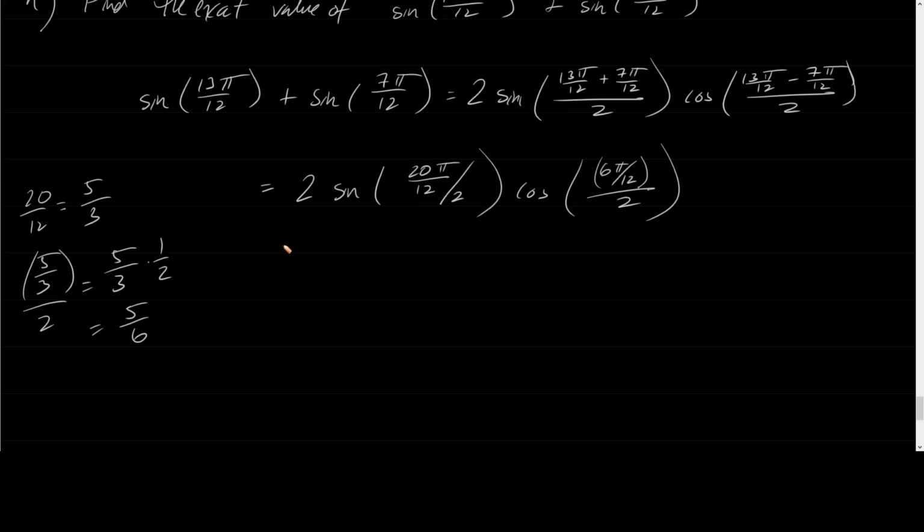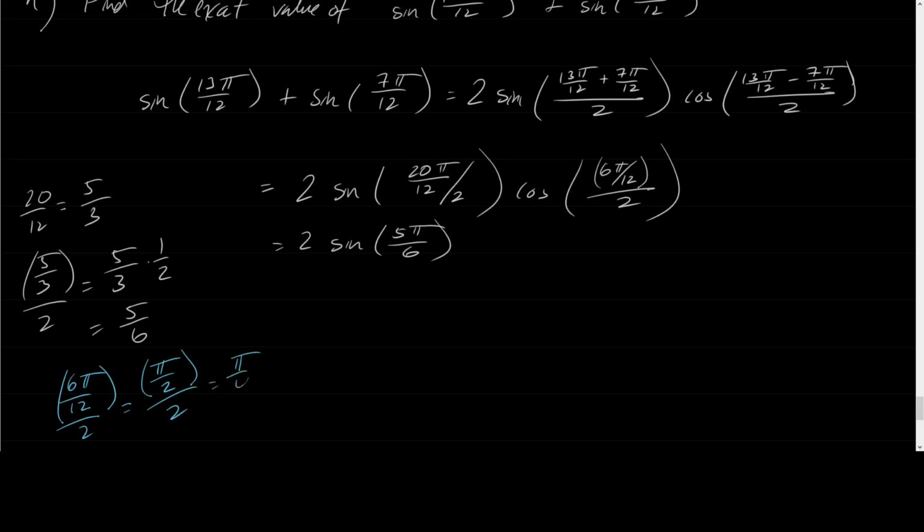So what we have here is 2 times sine of 5 pi over 6. And then over here, if we look at the other one, we had 6 pi over 12, and then all of that divided by 2. 6 pi over 12 is just pi over 2, because 6 over 12 is 1/2. And then that divided by 2 is pi over 4. So what I end up with here is cosine of pi over 4.